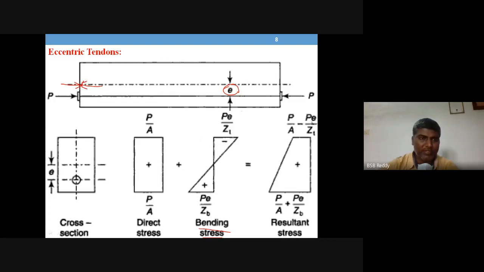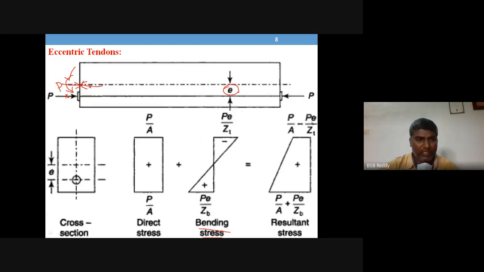By transmitting the concentrated force from one location to the other, you are going to have a load moment system. So instead of these two arrows we will have this moment arrow. So a load moment will act.